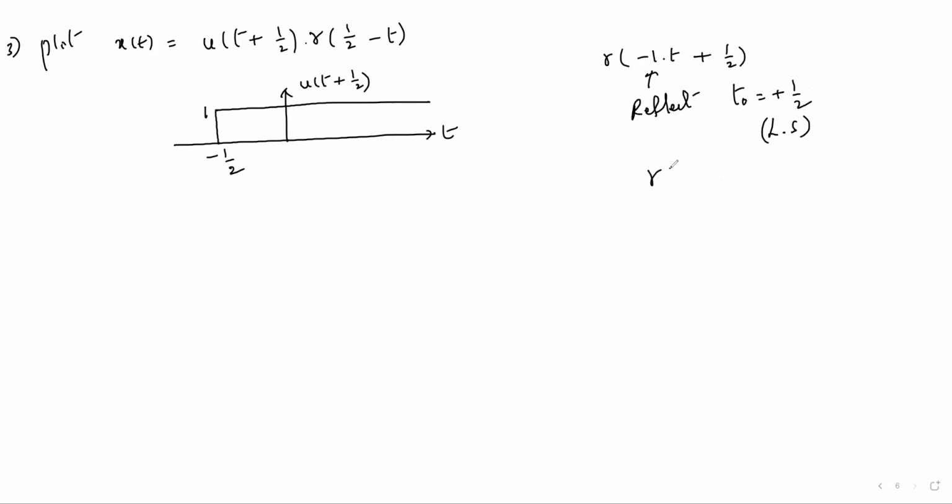So we know the ramp function r of t. This is the graph of the equation. First left shift by 1/2. That means the graph will look like this after shifting. And then reflection.